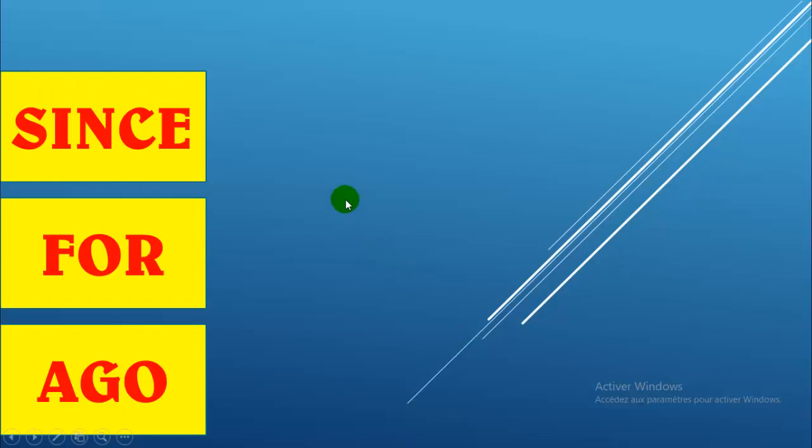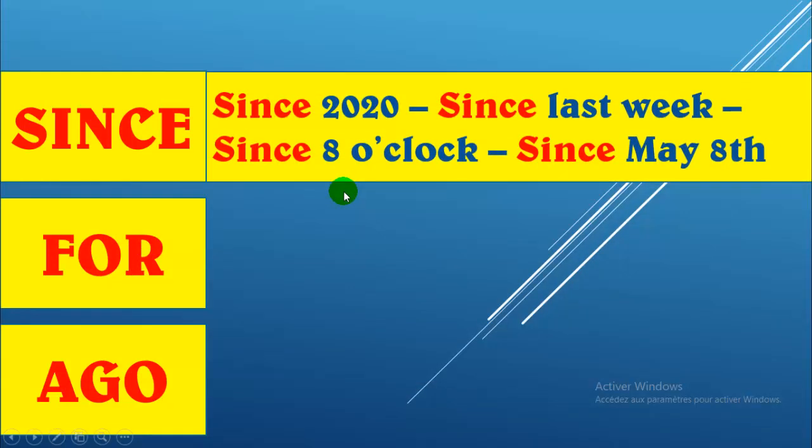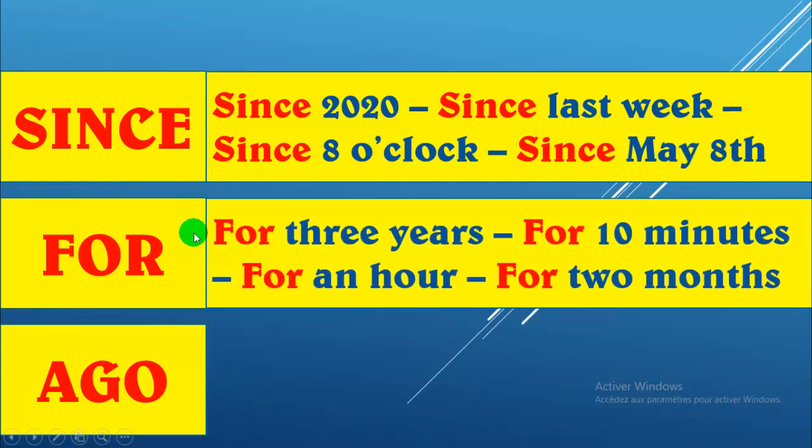Since is used for duration, therefore starting point. Example, since 2020, since last week, since 8 o'clock, since May the 8th. For duration, for 3 years, for 10 minutes, for an hour, for 2 months.